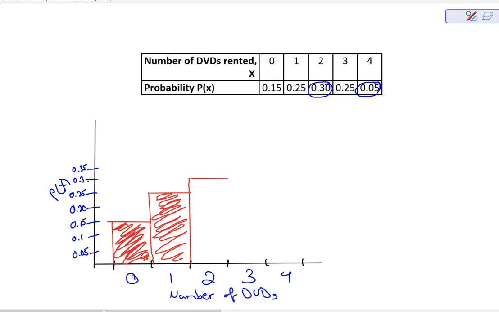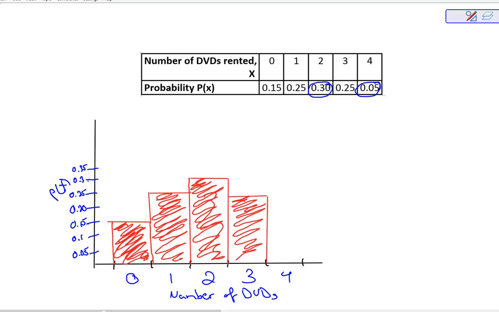And then go across. And come down. Thankfully mine straightens up a little bit since I don't have a ruler on here. Then 3 DVDs comes back down to 25 hundredths. And shade that in. 4 DVDs is down here at 5 hundredths. So we're way down here. And so we're going to shade this in. And we have made our graph for this probability distribution.